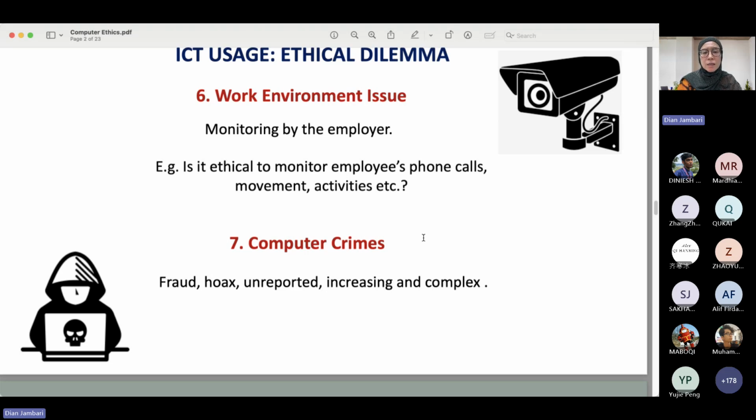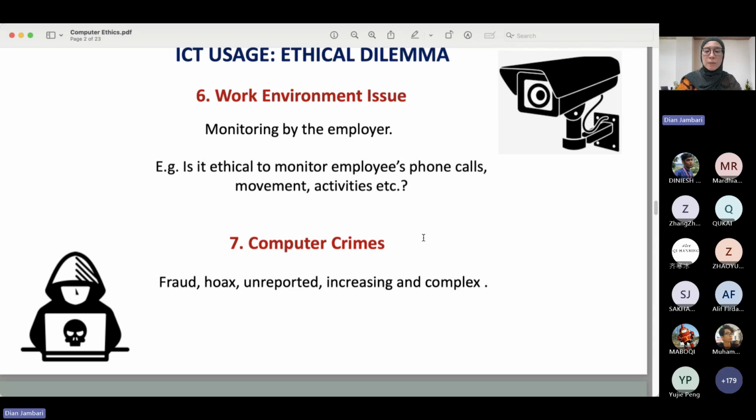And then another scenario where we are faced with an ethical dilemma is also in the context of crimes that can happen within the context of using the computer. For example, fraud and scams that we hear about almost on a daily basis and that are getting more and more rampant nowadays. So how does it become an ethical dilemma?